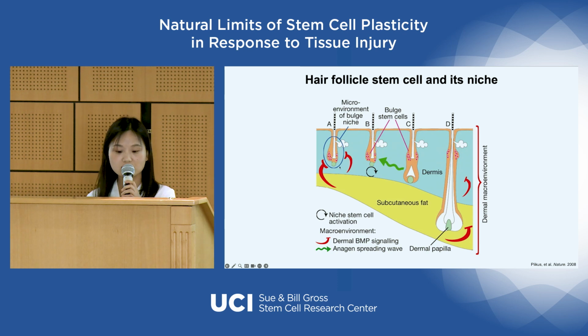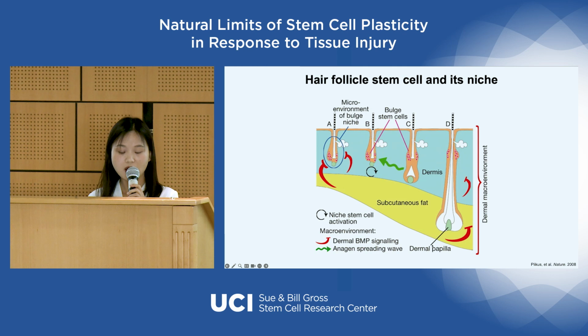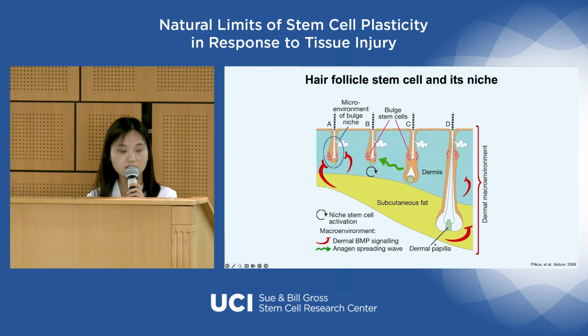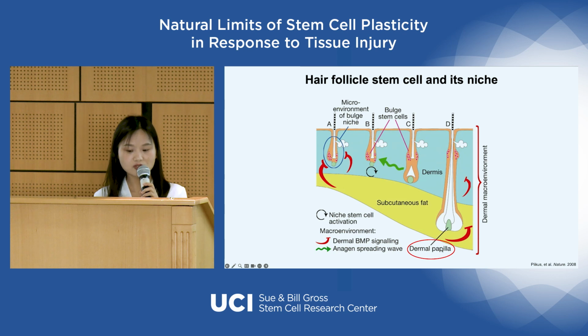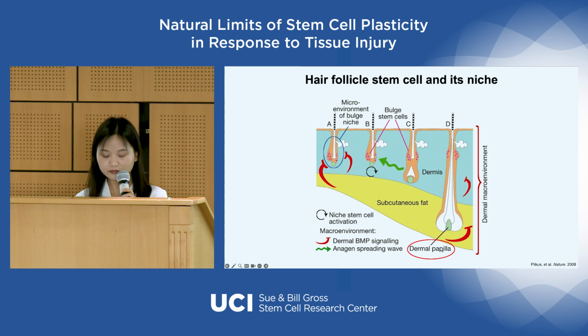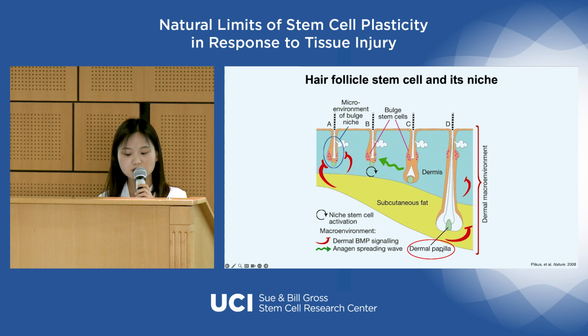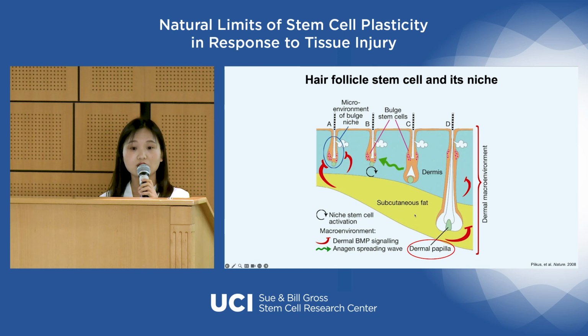In the hair follicle stem cell niche, there's a very critical component formed by a special cluster of cells located at the base of the hair follicle, called dermal papilla cells, also known as DP cells. These special cells can dynamically send signals to hair follicle stem cells and regulate the cyclic hair growth.